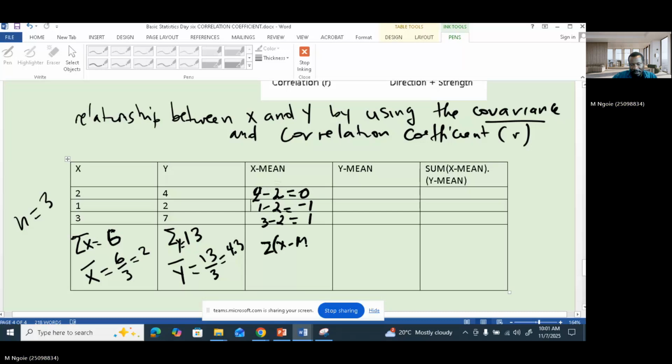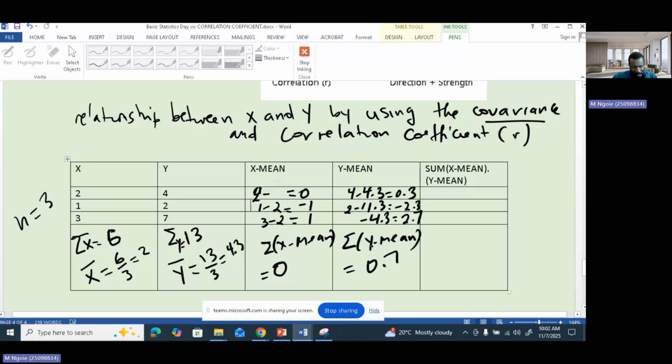And the sum here is 0 plus negative 1 plus 1, which is 0. Then 4 minus 4.3 is about negative 0.3, 2 minus 4.3 is about negative 2.3, and 7 minus 4.3 is 2.7.